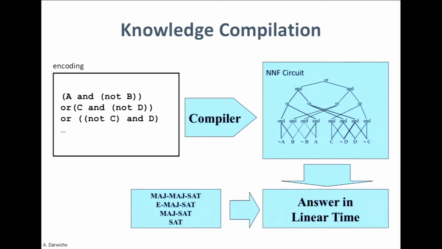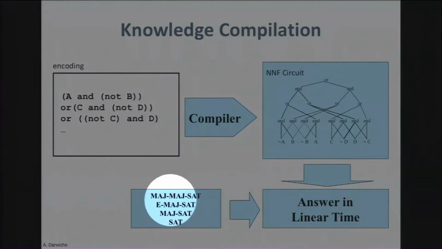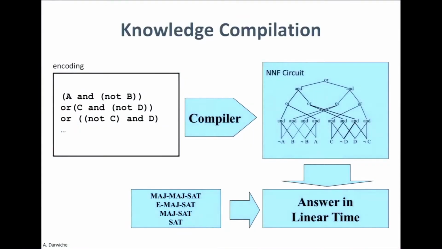And the goal of this area is the following. If you have, let's say, a Boolean formula like this, and you want to ask questions about it, you can solve SAT, MAJSAT, E-MAJSAT, MAJMAJSAT. Remember these problems. These are the prototypical problems of the classes NP, PP, NP^PP, and PP^PP. So they represent a lot of problems out there.